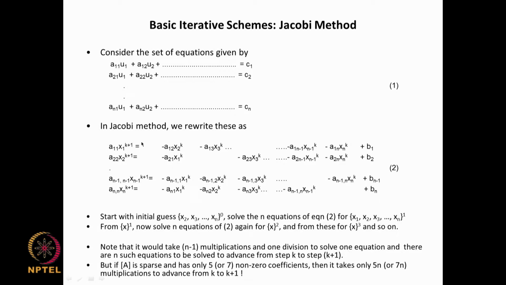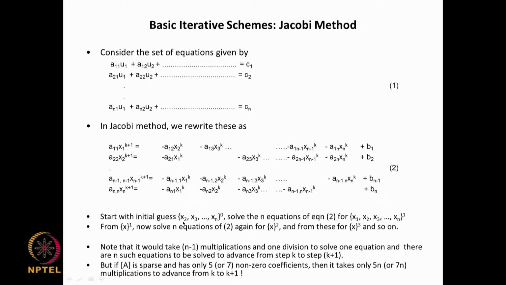So in each case, by rewriting it like this, we can evaluate x1^(k plus 1) by doing all these multiplications with the previous values of x and then subtracting from b1 and dividing the result by a11. Similarly for x2 and so on. So you solve each of these equations for x1, x2, x3, up to xn.